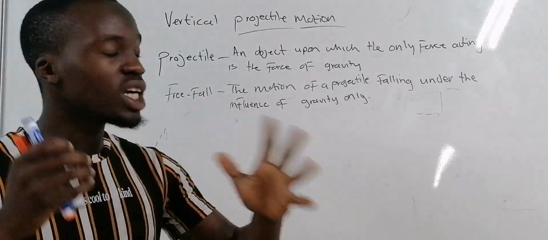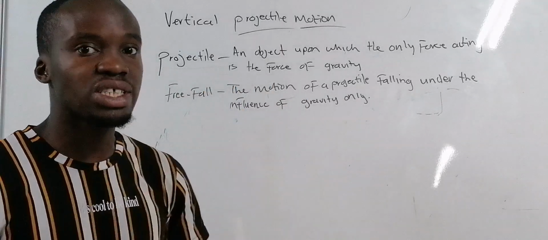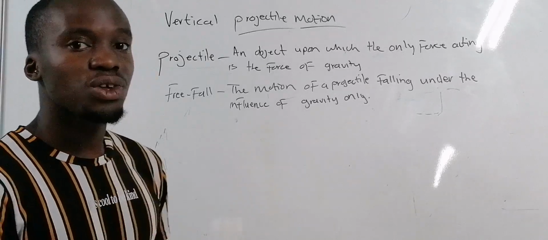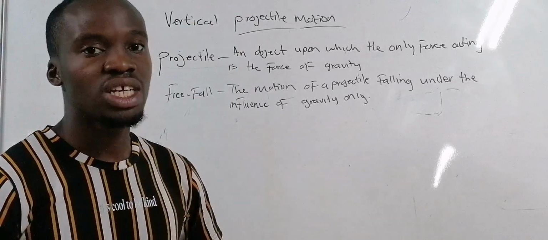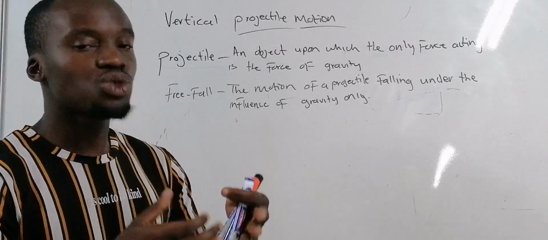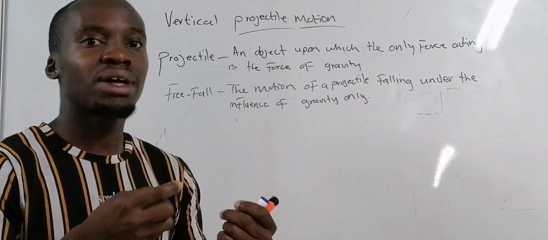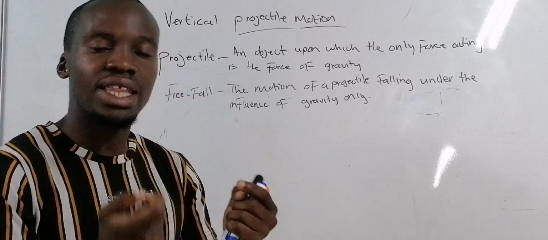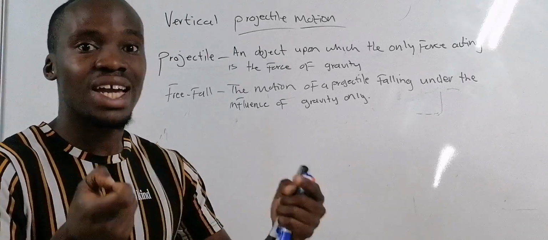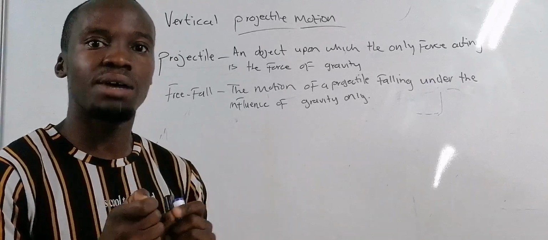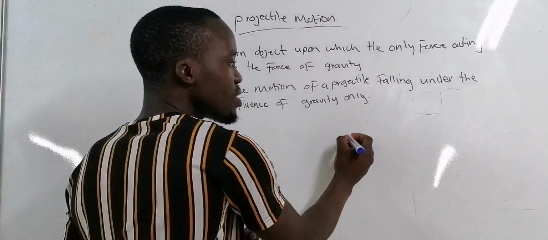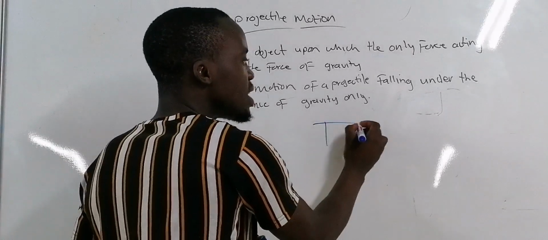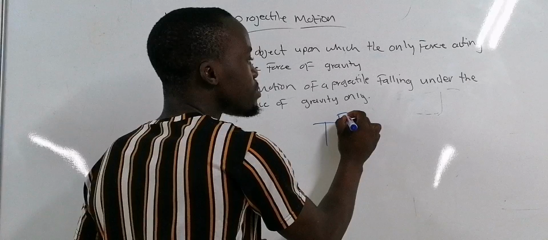Let me tell you the examples of a projectile. For example, I throw a rock in the upward direction. The only force that will act on that object, remember, there's no tension pulling it, there's no force acting on the object except the gravitational force only. Because we talked in Newton's second law about something that looks like this.